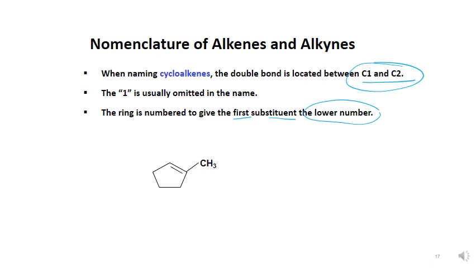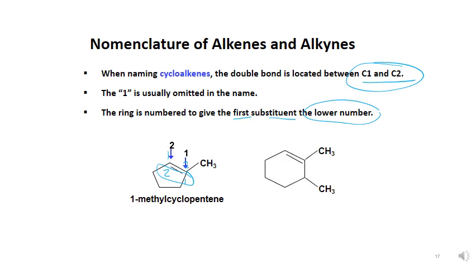So which carbon is carbon 1? Is it 1 and 2? Or is it 1 and 2? Which one will make the numbering of the substituent lower? It's that guy, right? 1, then 2. So what's the name? Well, it's a cyclopentene with a 1-methyl. 1-methylcyclopentene.